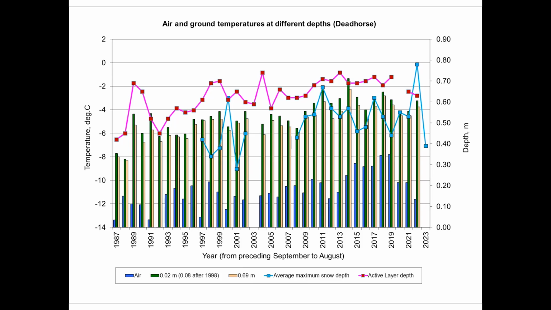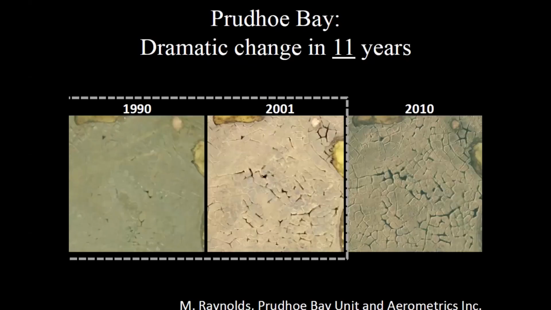But in the last 3 years, the active layer depth dropped to somewhere like 65 centimeters. So immediately you create this protective layer, but it's just temporary. All right, let's go further.